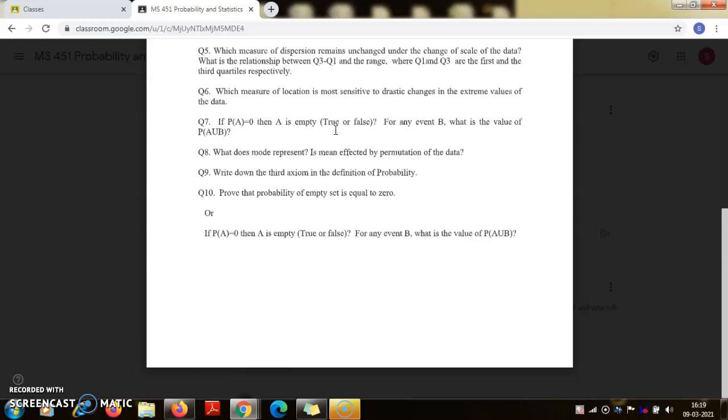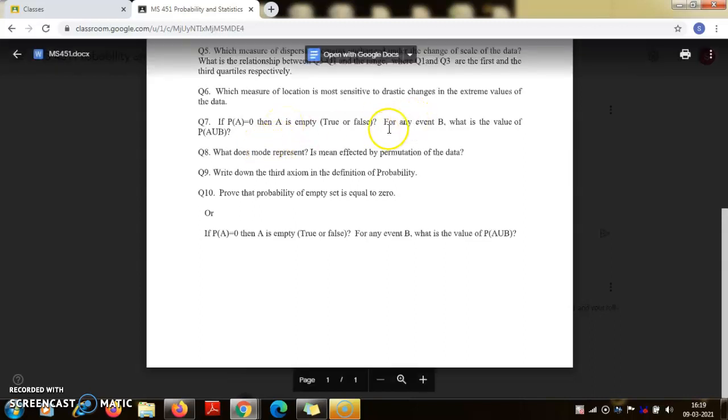So one may not believe that this event may occur, but that does not imply that the event will not occur. For any event B, what is the value of probability of A union B?